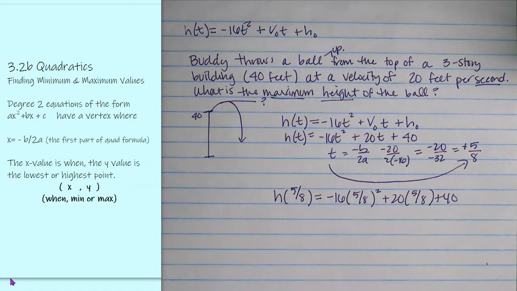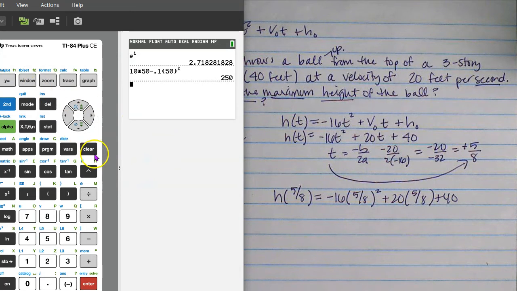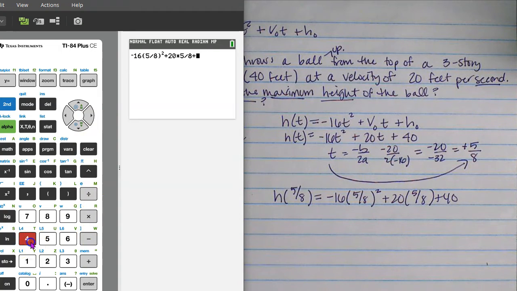So we pull out our calculator and we do this math, which is perfectly fine. So our calculator here, I'm going to clear it out. So I've got negative 16 parentheses 5/8 squared, 5 divided by 8 parentheses squared, plus 20 times 5/8 plus 40.